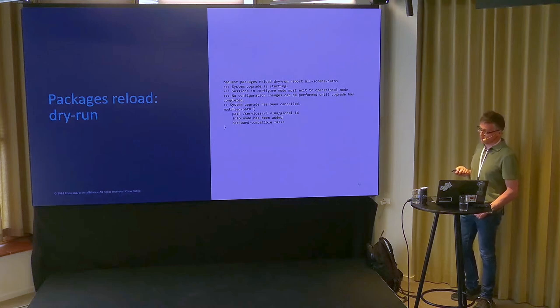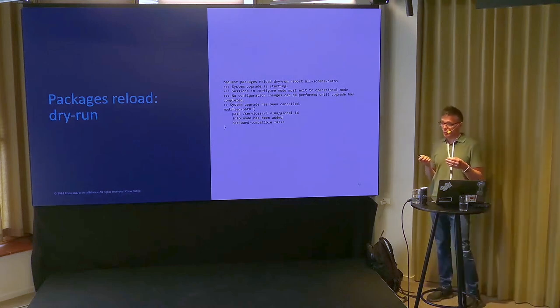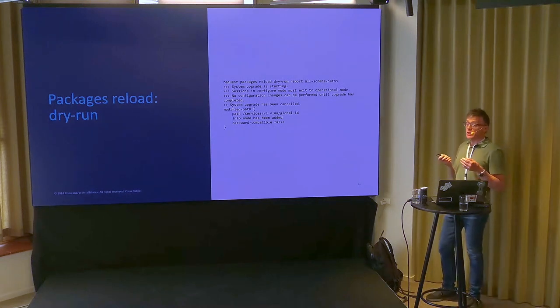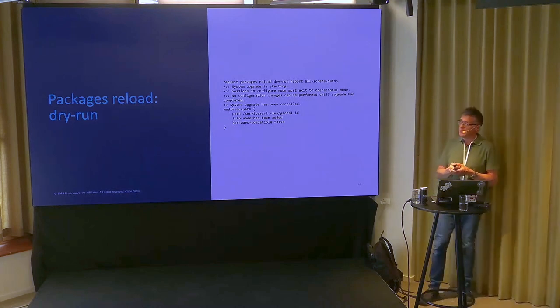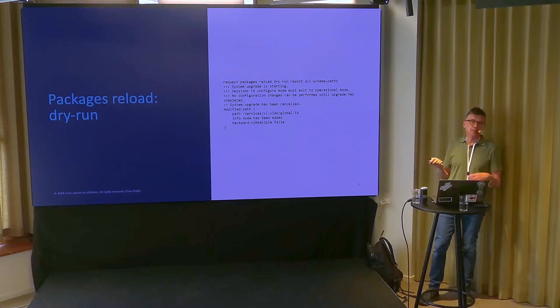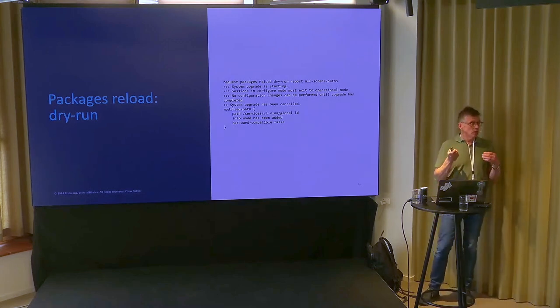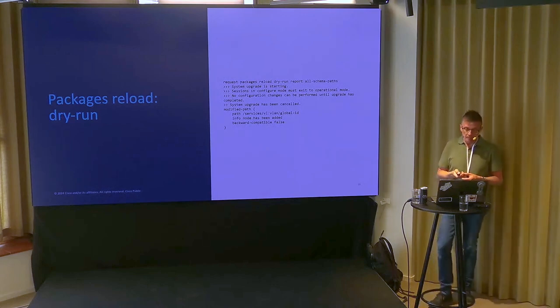So you can do a package upgrade, but nothing will be changed in terms of schema or configuration. Mind you, it's not hitless yet. It might become hitless in the future, but not yet. So all transactions will be stopped, etc.